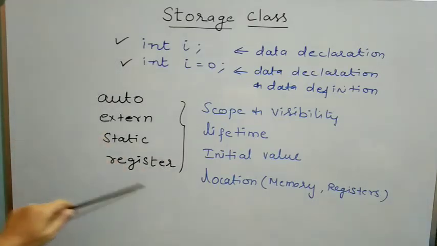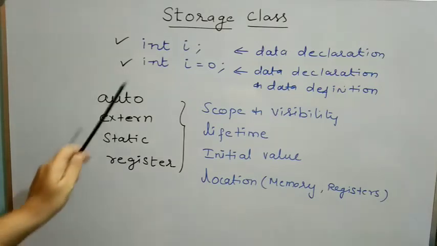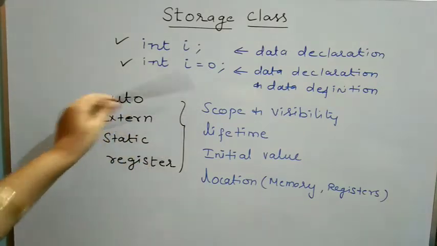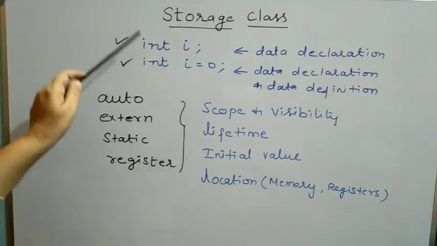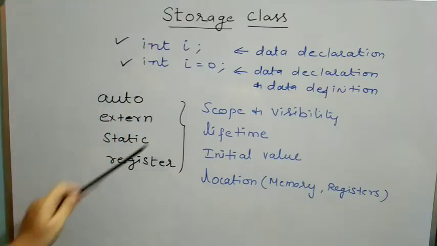Actually, what does this access specifier or storage class represent? That is scope and visibility, that is, in which particular part of the program I can declare and define the variable.